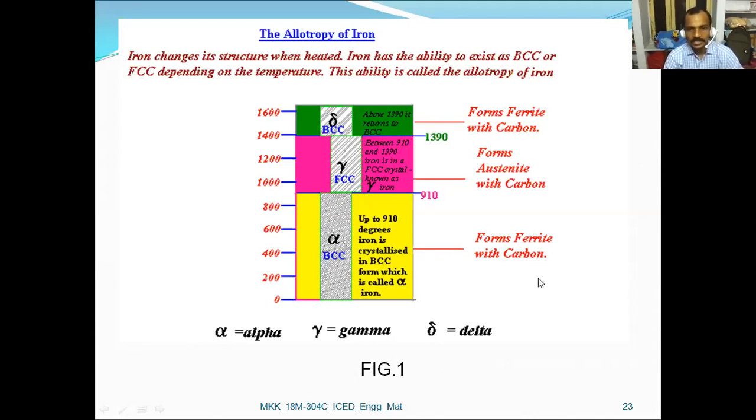Initially at 910 degrees centigrade it forms ferrite with carbon, then it changes to austenite with carbon, finally forming ferrite with carbon from 1390 to 1600 degrees centigrade. So this is known as the allotropic form of iron, allotropy.